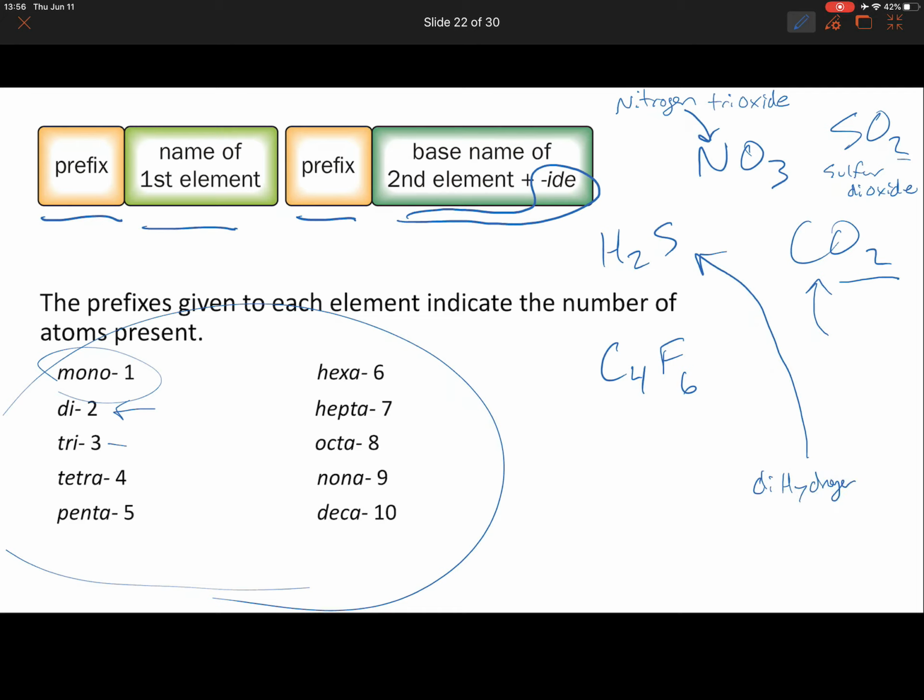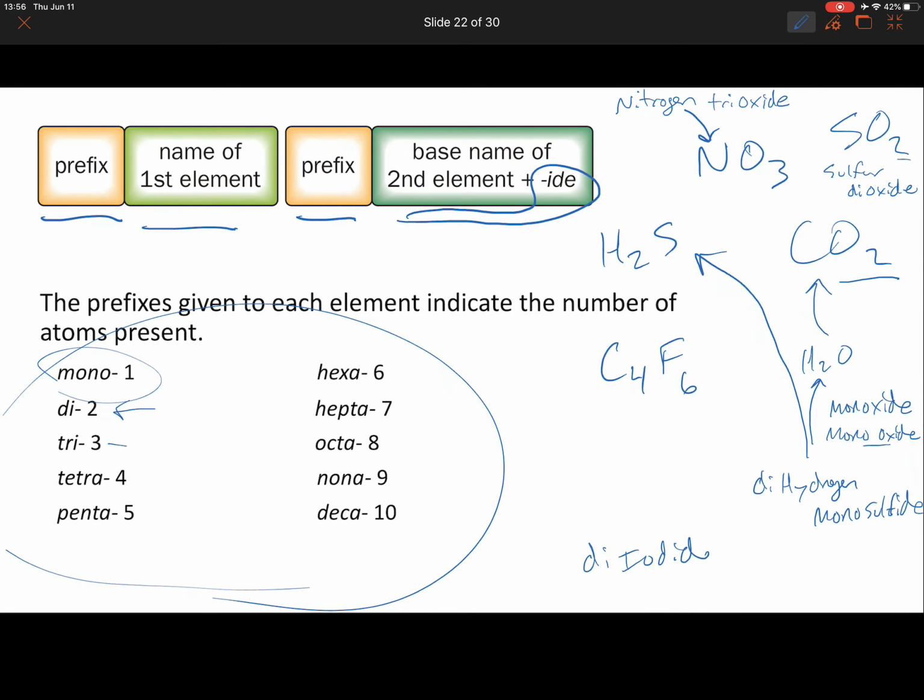Let's try this one, a little different. Dihydrogen, 1 sulfur, monosulfide. Dihydrogen monosulfide. Remember H2O? Dihydrogen monoxide. It's too many O's. Smush them together.